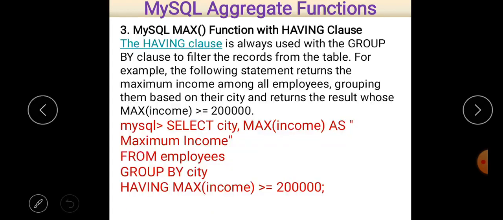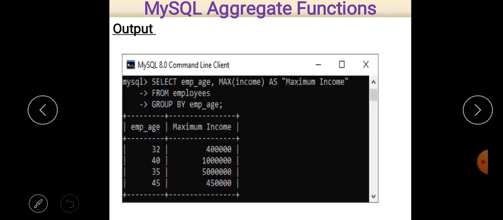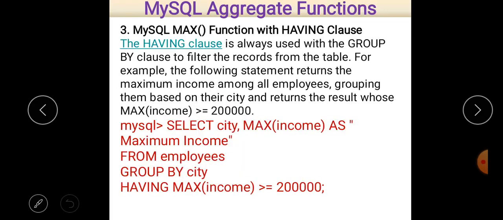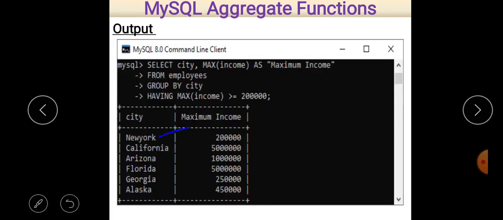And after that, you can see that we form a group on the basis of city. So different city names are there, and these city names are New York, California. These different city names appear only one time because we form a group here.